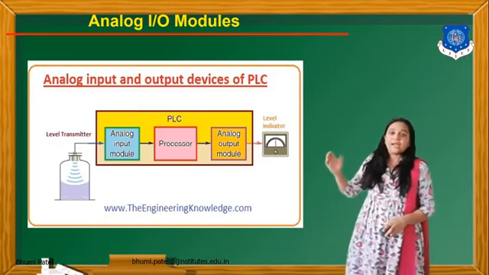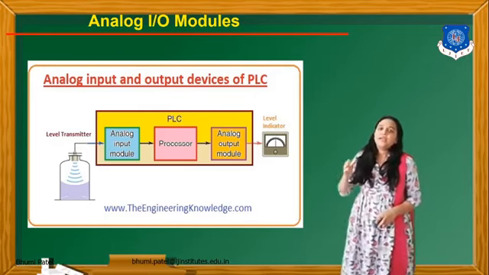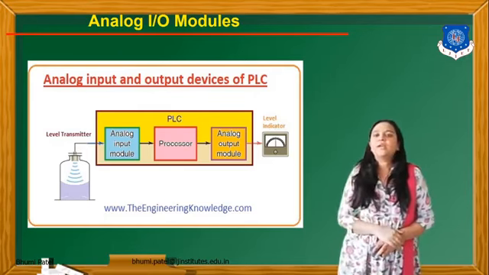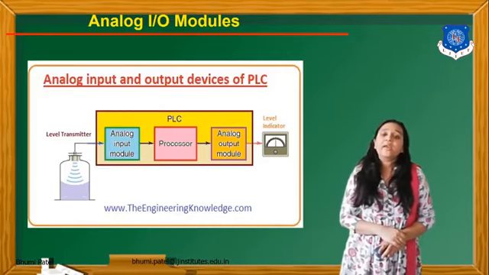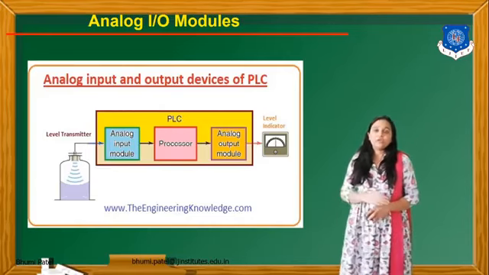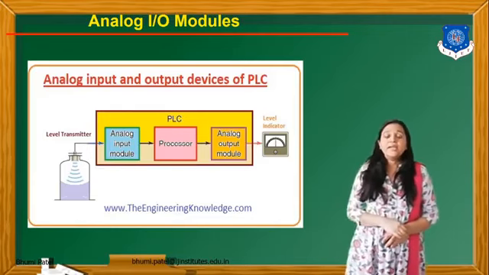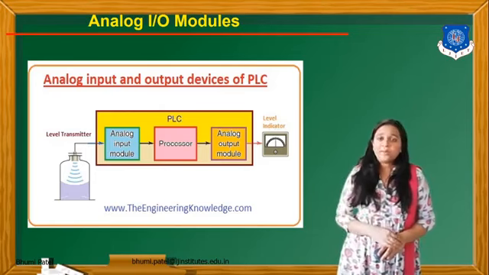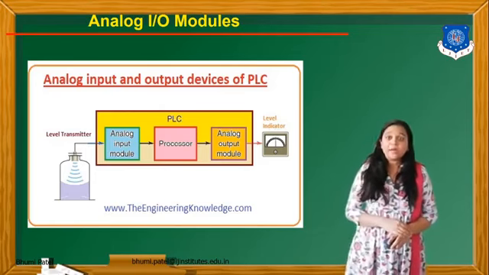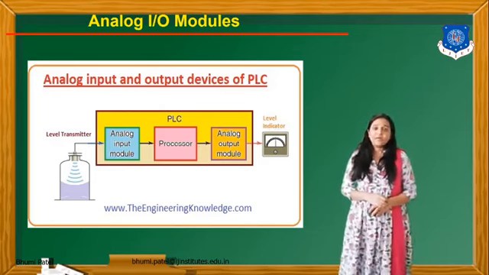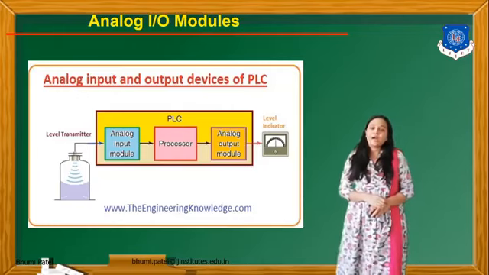So between the analog input module and the analog output module, we connect the PLC and convert the analog data to digital form. In the PLC, we can do some programming depending upon the system, and whatever output is given, we connect to the analog output module.